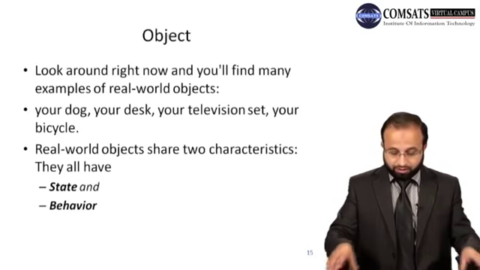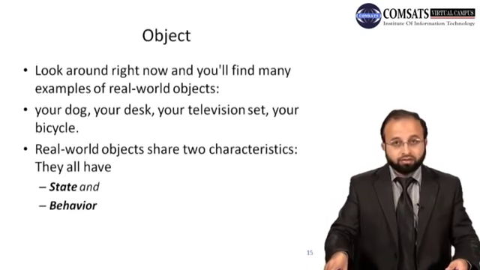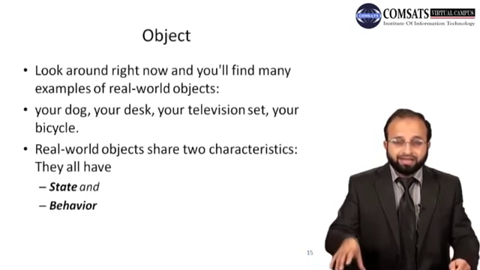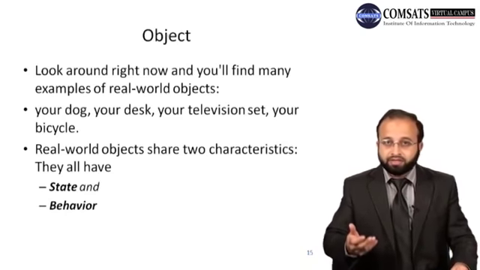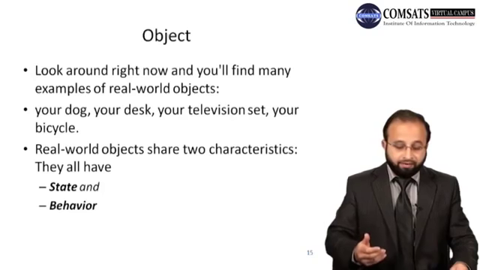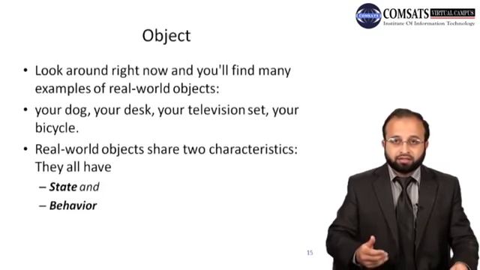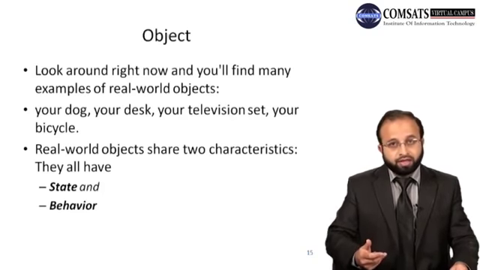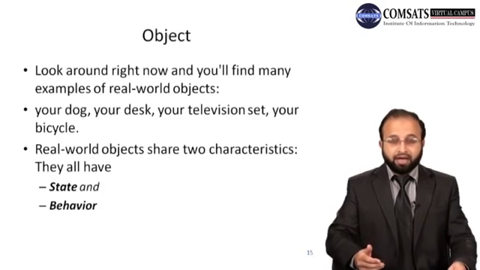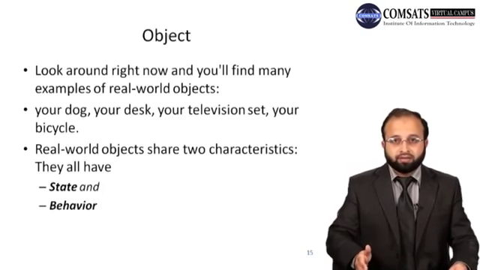The table on which this keyboard and this mouse are, this table is also an object, right? So everything that is tangible or that has some existence is basically an object, and every object in the real world has two characteristics: they have state and they have behavior.